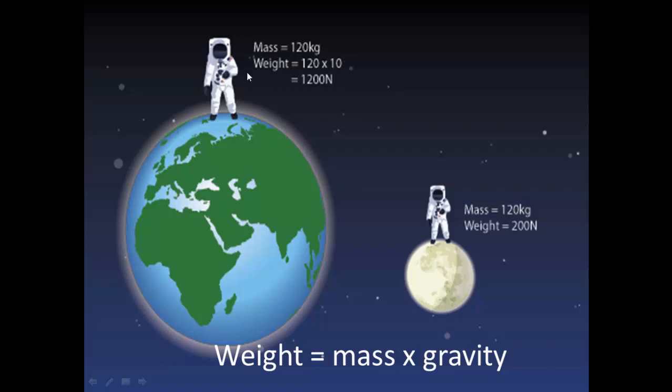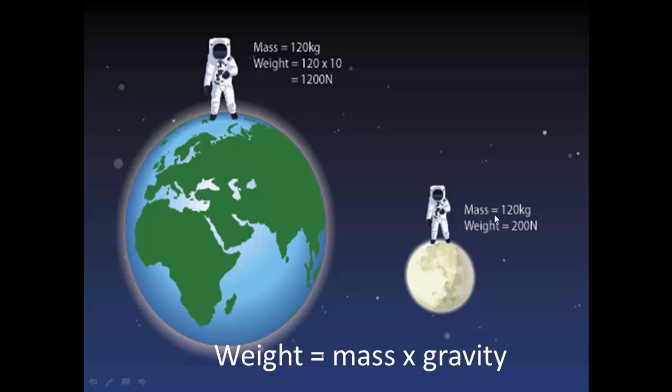So the weight is mass times gravity. The mass is 120 and the gravity is 10. So 120 times 10 equals 1200 Newton.